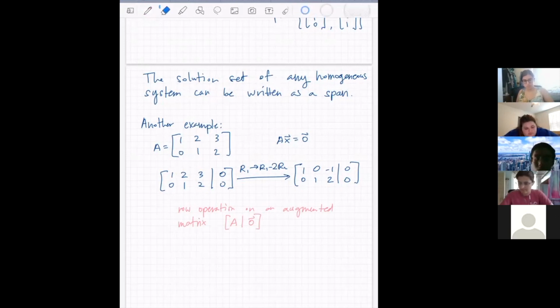No matter what row operation you do, you'll still get all zeros in that last column. These will always be 0.